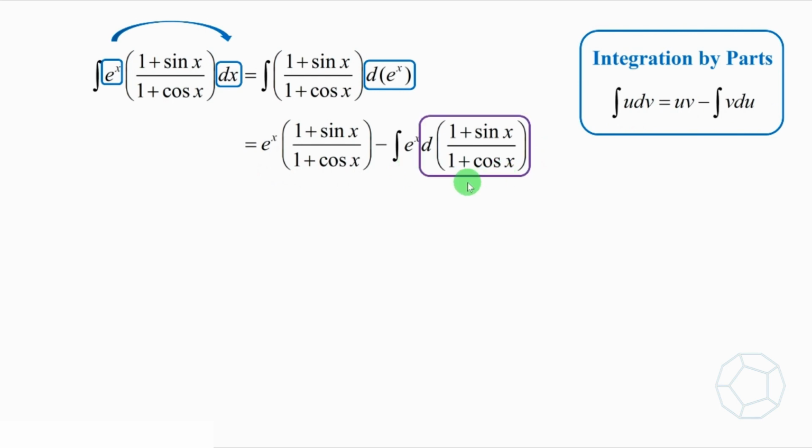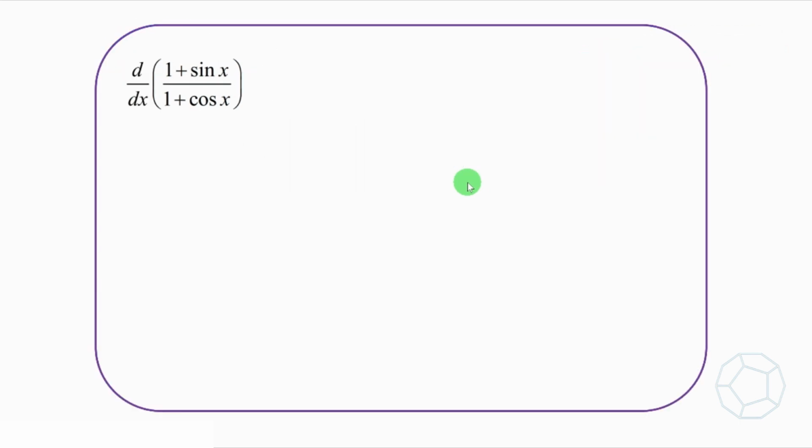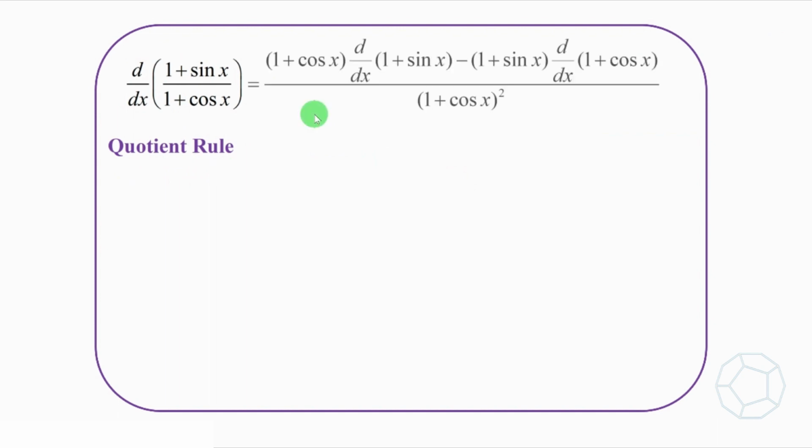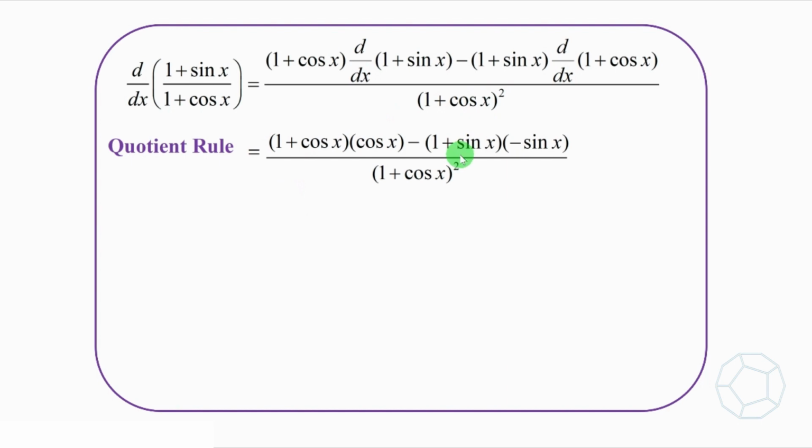Let's focus on the differential. We have to differentiate 1 plus sine x over 1 plus cosine x. Here we apply the quotient rule. It is shown right here. Therefore, the derivative is equal to 1 plus cosine x times cosine x minus 1 plus sine x times negative sine x, all over 1 plus cosine x whole square.